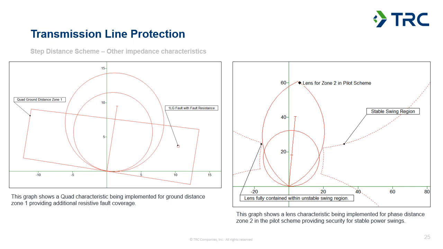In this case, it was to move the operate characteristic so it isn't encroaching into that stable swing region. So again, you get a couple of different options with different impedance characteristics that are there for very specific reasons and unique applications.